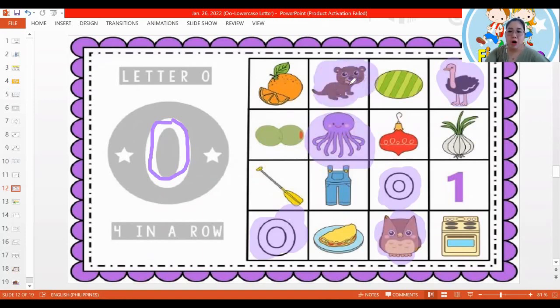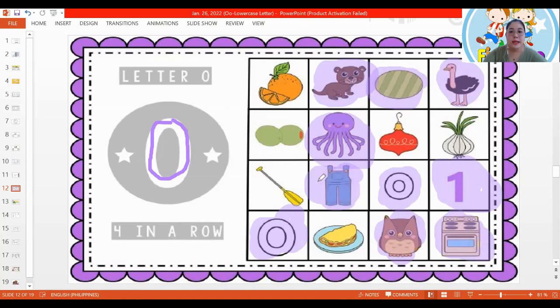Next one, let's cover oval. O for oval. Next one, O for one. Number one has the letter O in the beginning. Next one, we have oven. Next one, overalls.